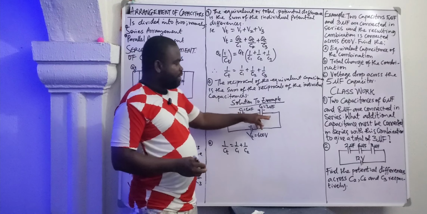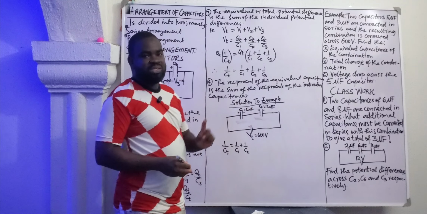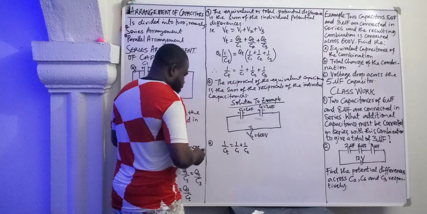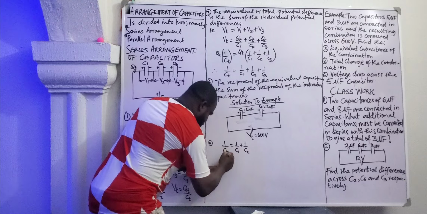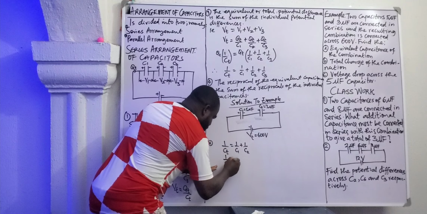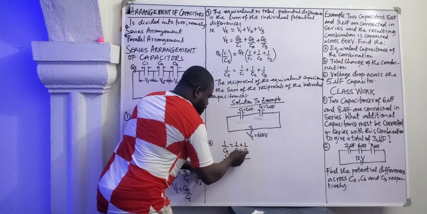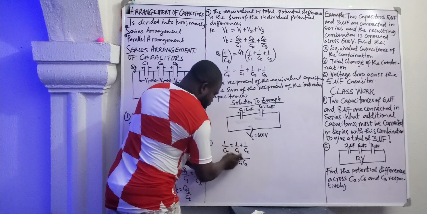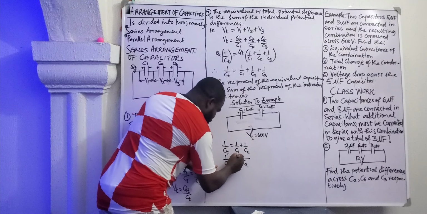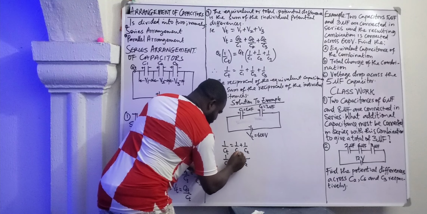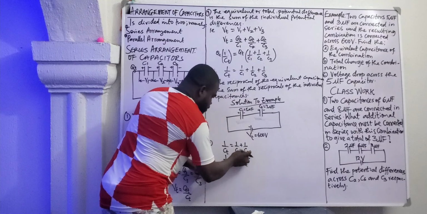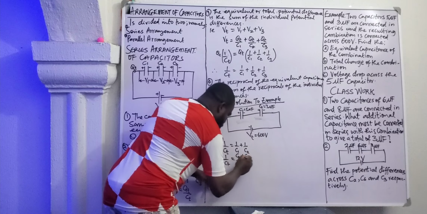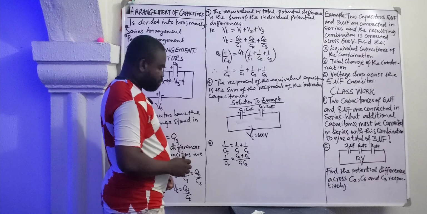But when you have two capacitors connected in series only, there's something special that you need to know, which I want to show you now. So I have that 1 over CT equals, I will take the LCM of C1 and C2, which is C1 C2. C1 into C1 C2, we are left with C2, multiplied by 1, I have C2, plus C2 into C1 C2, I will have C1 times 1, that's C1.